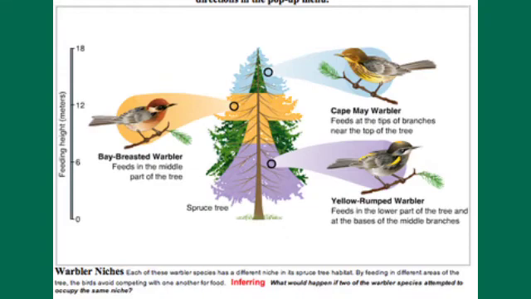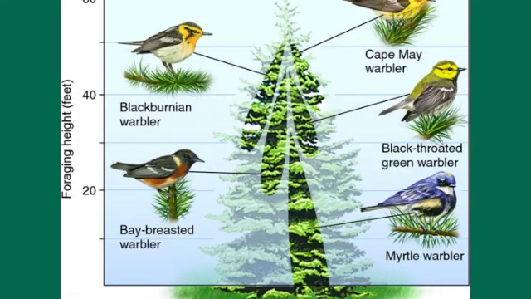One example was shown by MacArthur by taking 5 closely related species of warblers. These 5 closely related species of warblers were living on the same tree, and they were able to avoid the competition and coexist because of their behavioral differences in their foraging activities.